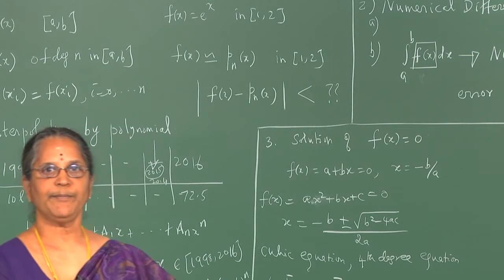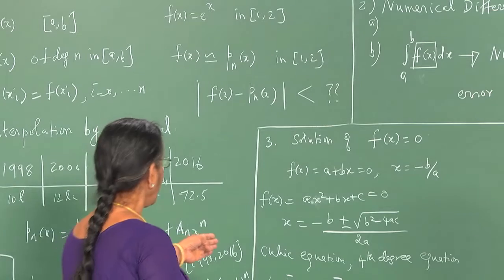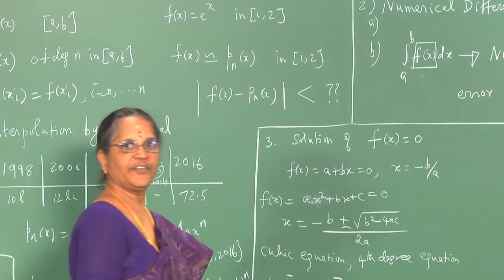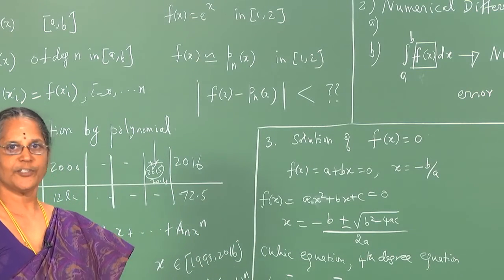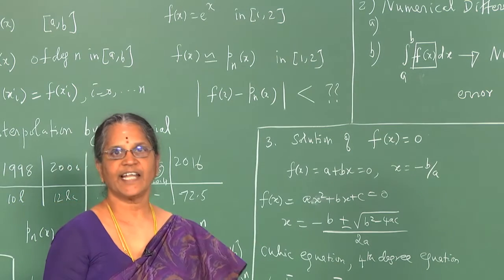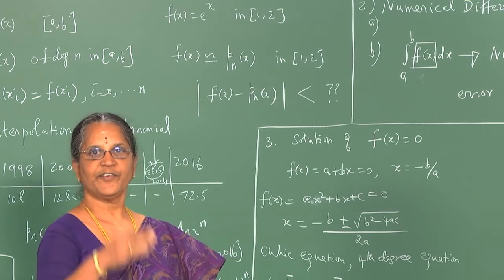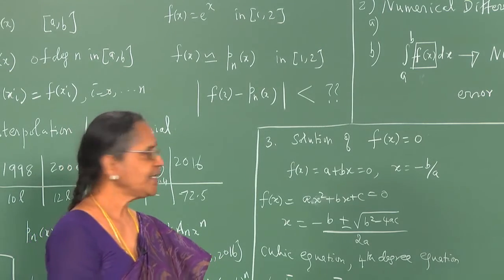One will not be able to get a solution of a fifth degree equation of this form in terms of radicals, and in general it is not possible to write down the solution in terms of such radicals in the case of equations whose degree is greater than or equal to 5.